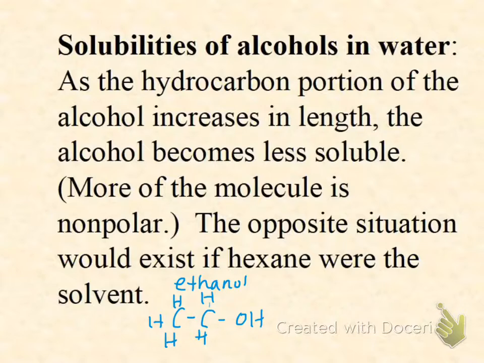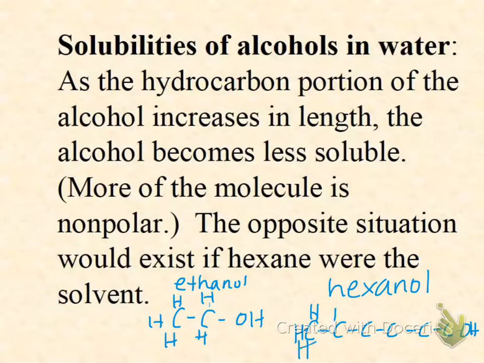Okay? But let's say I had something like, let's go with hexanol. Which would have a 6-carbon chain. So it would be carbon, carbon, carbon, carbon, carbon, 1, 2, 3, 4, 5, carbon, and then has the OH. And of course we have the appropriate hydrogens around here.